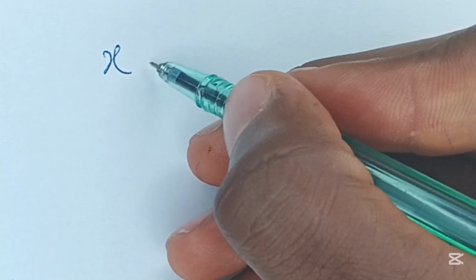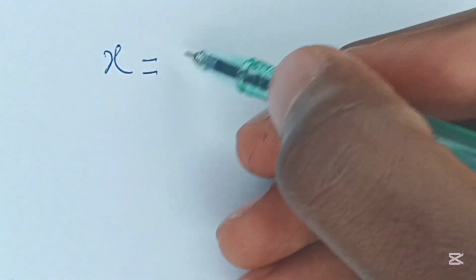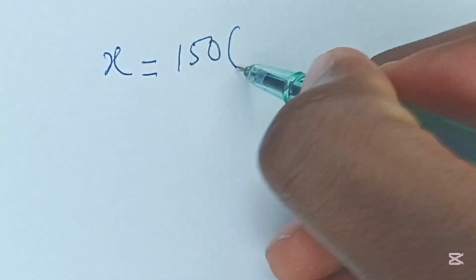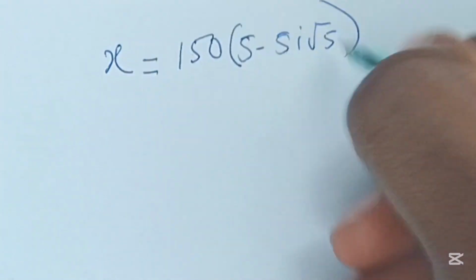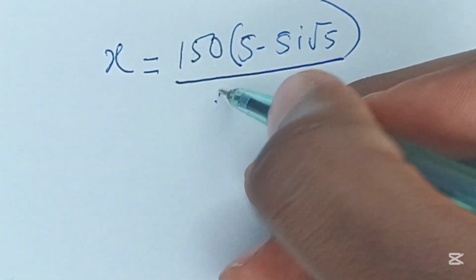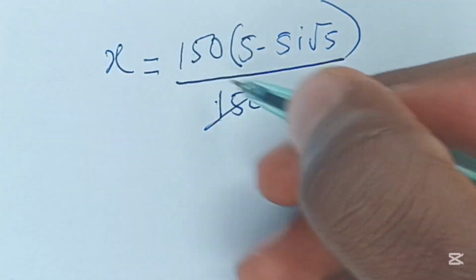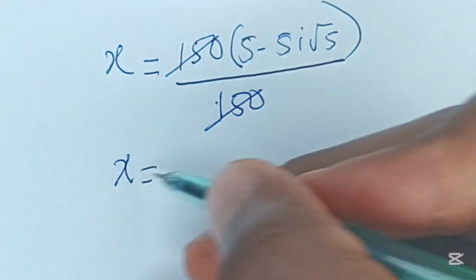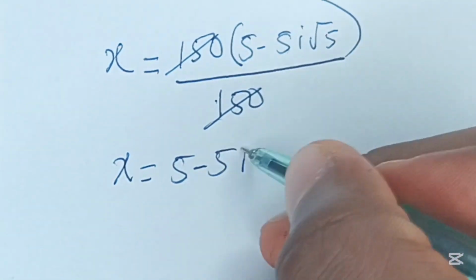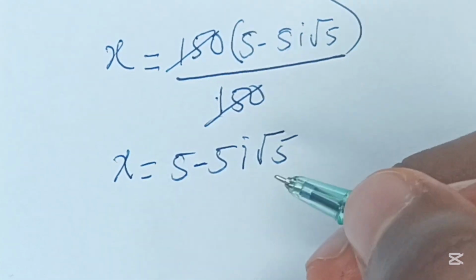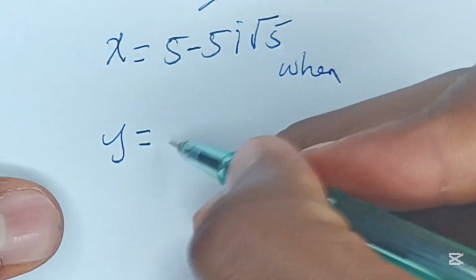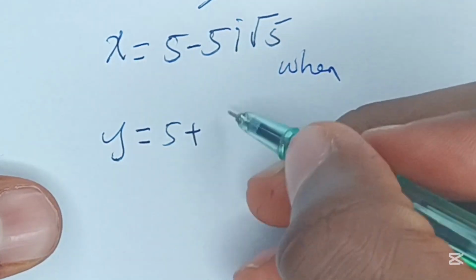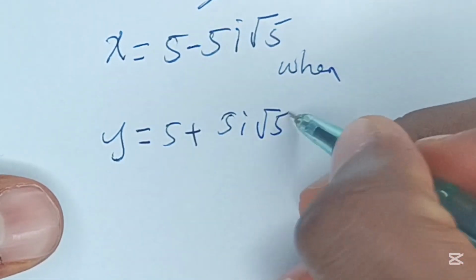We now have that x is equal to 150 into 5 minus 5i root 5 all over 150. 150 strikes 150, so that x is equal to 5 minus 5i root 5. And this was when y is equal to 5 plus 5i root 5.